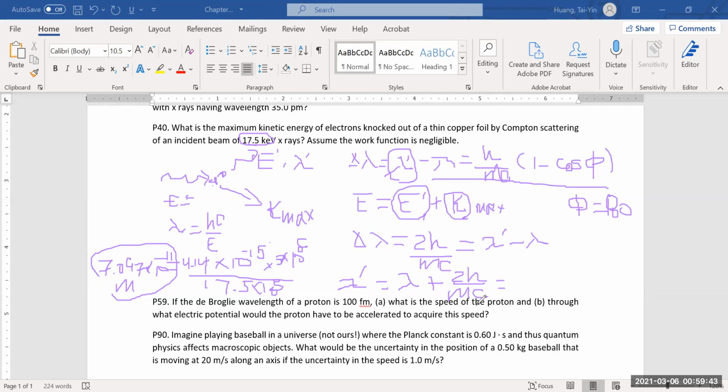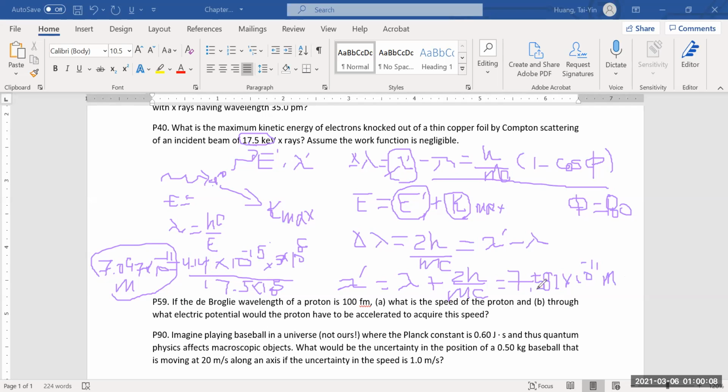So when you plug in the numbers and add the original wavelength to these numbers, you'll get your lambda prime, which is the wavelength of the outgoing photon. You will get 7.582 times 10 to the negative 11 meters.